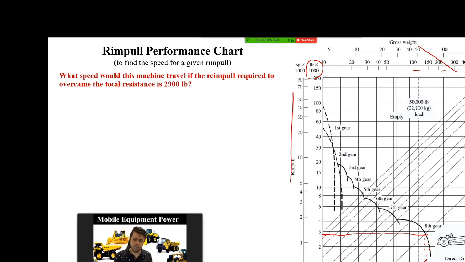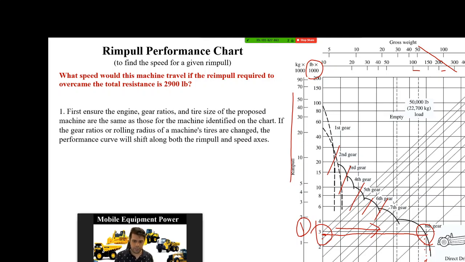So you first find a rim pull, this is number 1, and then you go to the right hand side until that horizontal line intersects with one of these curves, okay? Here it intersected with the 8th gear, okay? So then you draw a vertical line from the intersection to the horizontal axis on the bottom, and then you could find the speed in 2 different measurements of miles per hour or kilometers per hour.